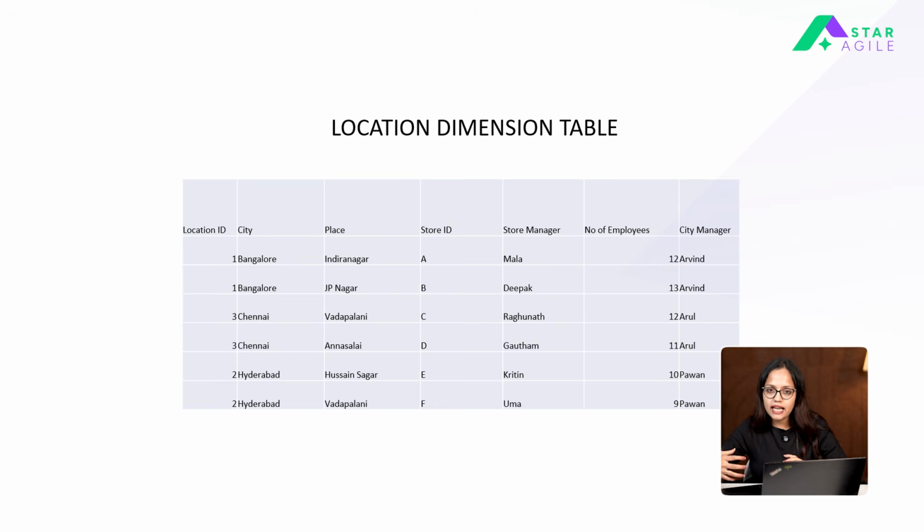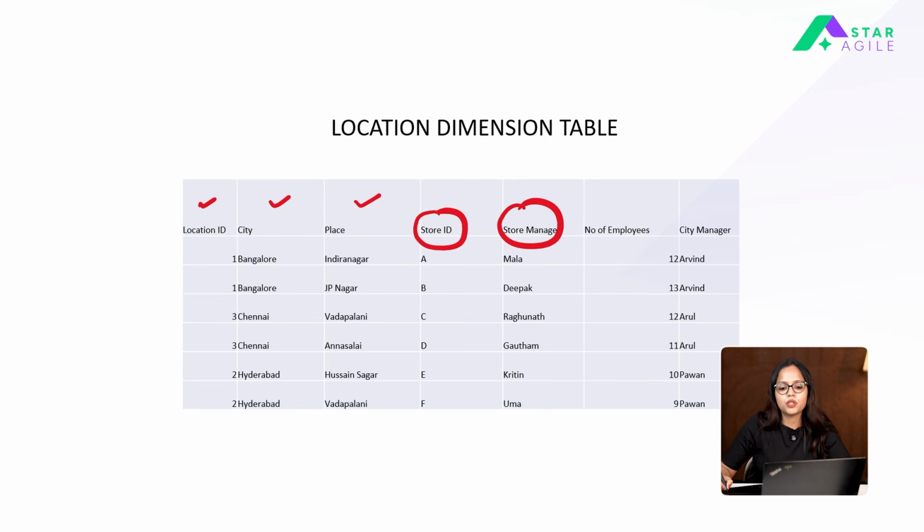For snowflake, the problem comes when you have multiple columns in place. See here, you have the location ID, city, place. You also have the information pertaining to the store and the store manager, the number of employees and the city manager. Got it?